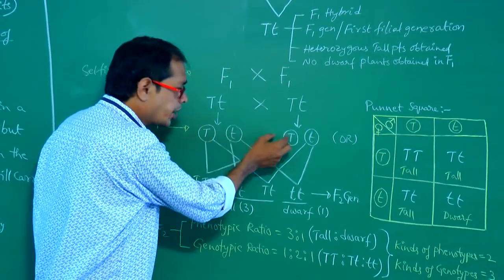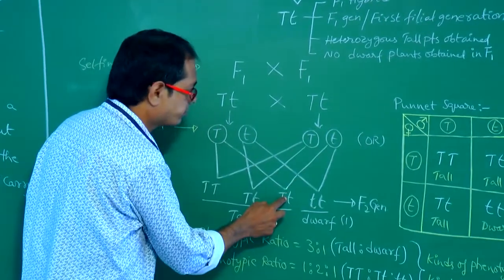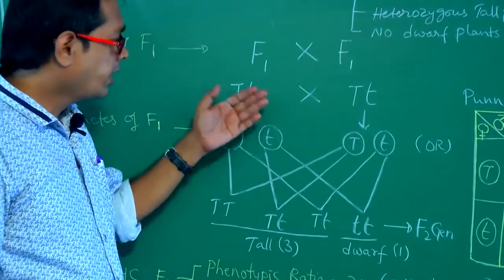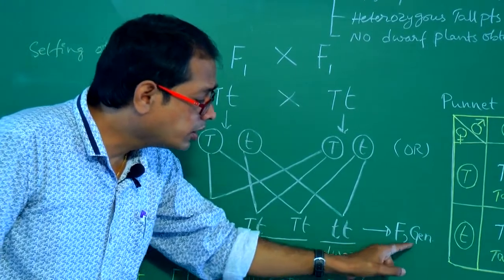So these two are completed. Next, capital T, small t, small t, small t. When F1 is self crossed, the obtained generation is called F2 generation.